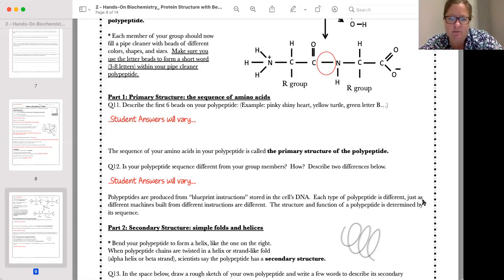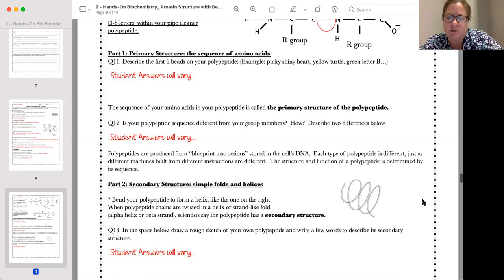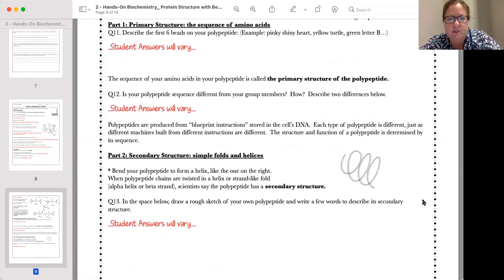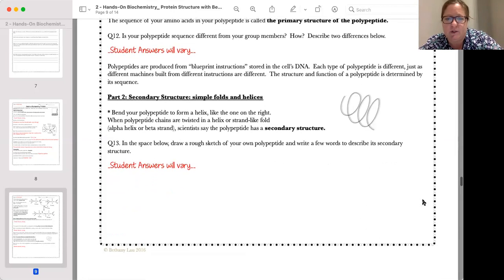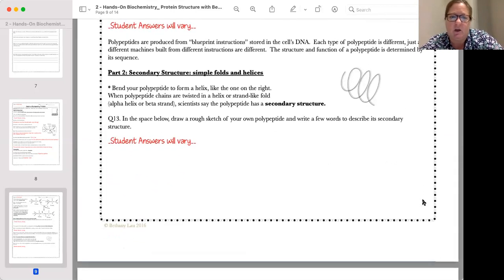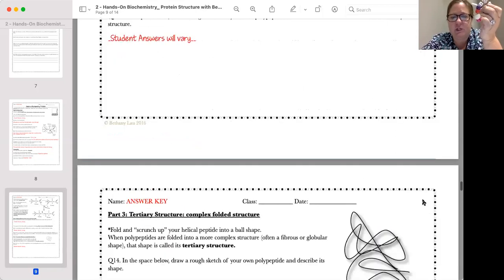Polypeptides are produced from blueprint instructions stored in the cell's DNA. Each type of polypeptide is different, just as different machines build different things from different instructions. The structure and function of a polypeptide is determined by the sequence. That's what we just said. And if we have it like this and then we twist it, we get the secondary structure, and then we can get the tertiary structure.